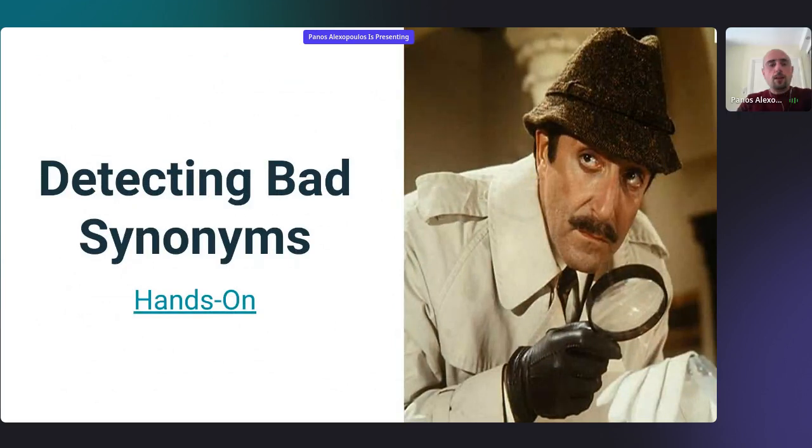Okay, so now it's time for our first hands-on. I'm going to demonstrate some very basic heuristics by which we can detect bad synonyms in a knowledge graph. I'm going to open the Jupyter notebook.